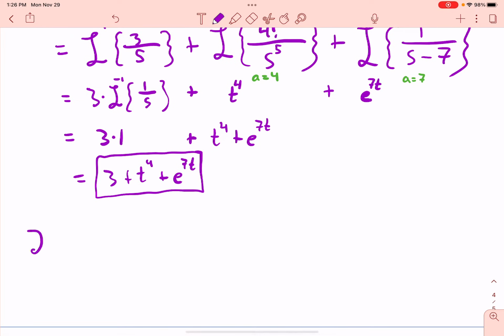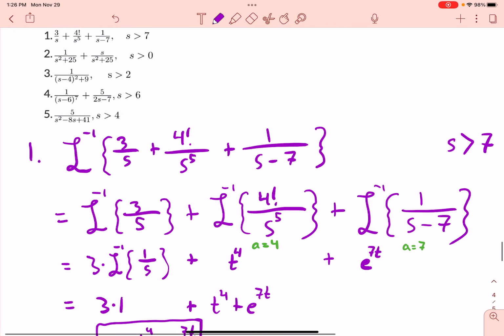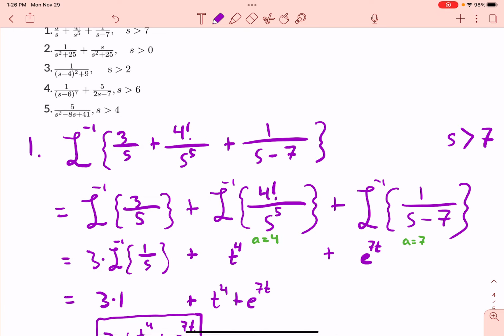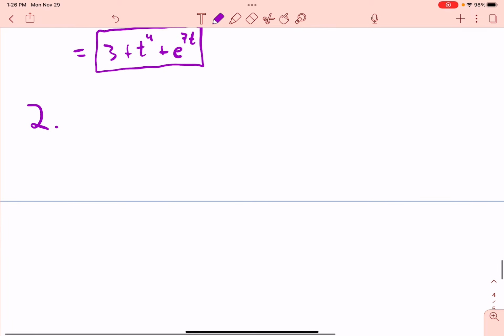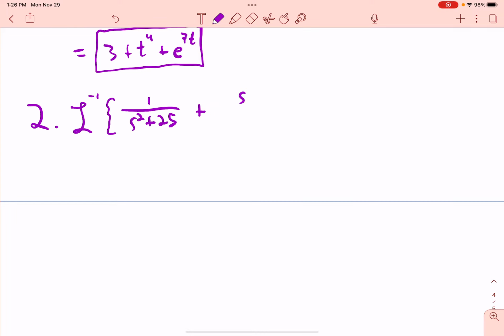Problem 2 looks like this. It's 1 over s squared plus 25 plus s over s squared plus 25. So the two things that we're taking the inverse Laplace transform of are 1 over s squared plus 25, and then plus s over s squared plus 25.